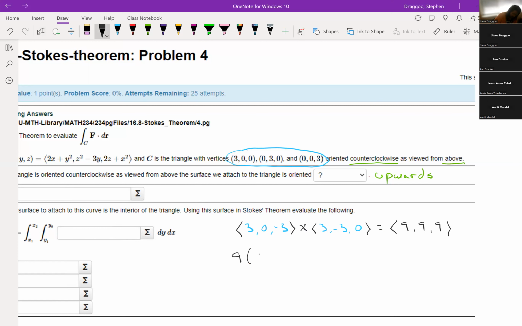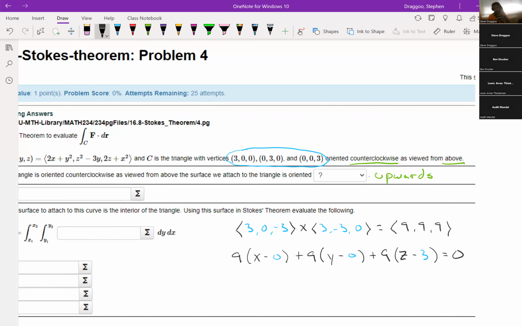I'll have 9 times x minus, how about x minus 0, plus 9 times y minus 0, plus 9 times z minus 3. All that is equal to 0.